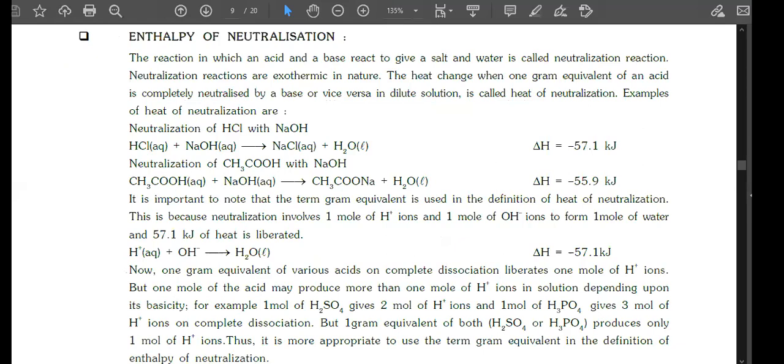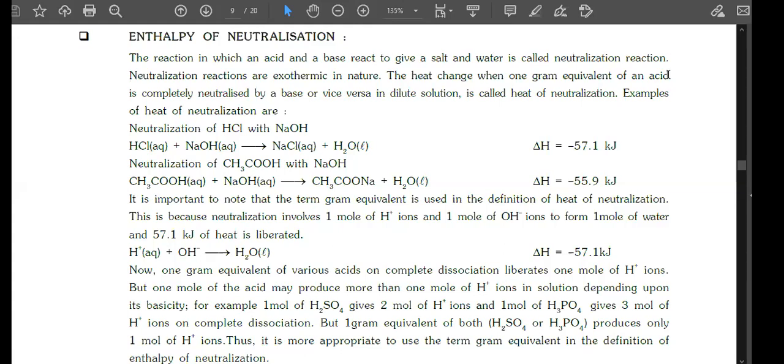We have already studied that neutralization is a reaction of acid with base to form salt and water, right? Now, when we have this reaction, there's a fixed amount of energy which is released. That is called neutralization energy, or enthalpy of neutralization.